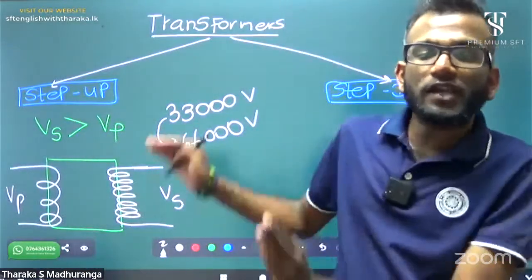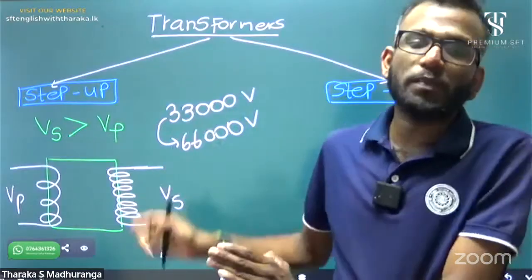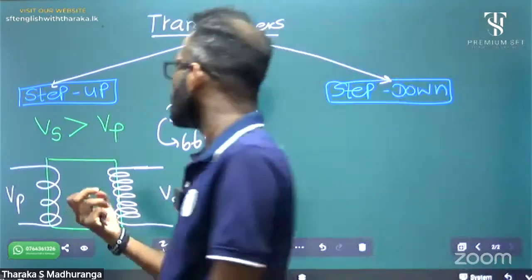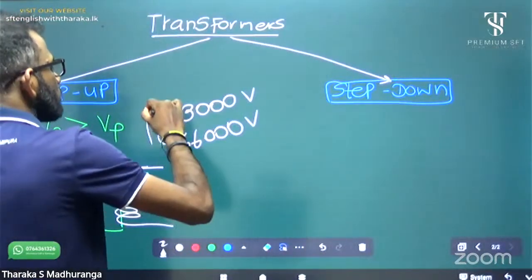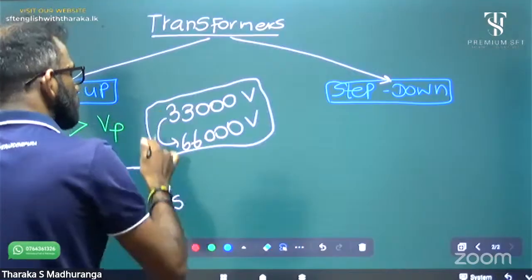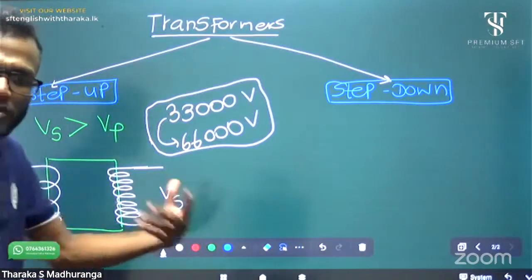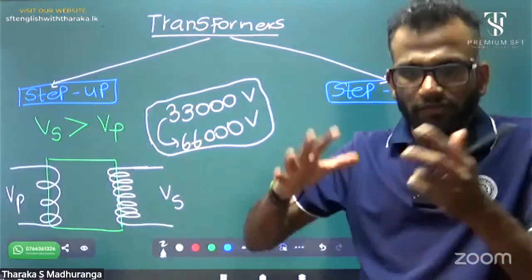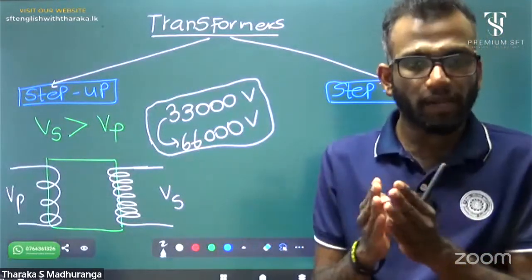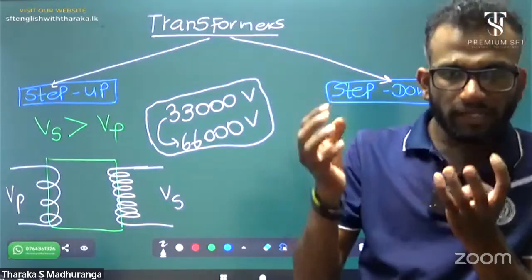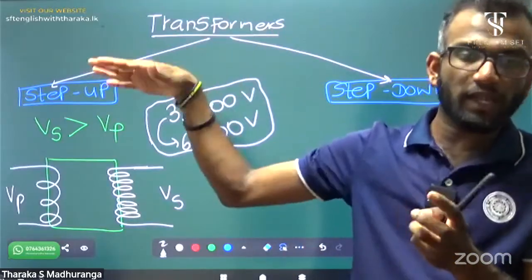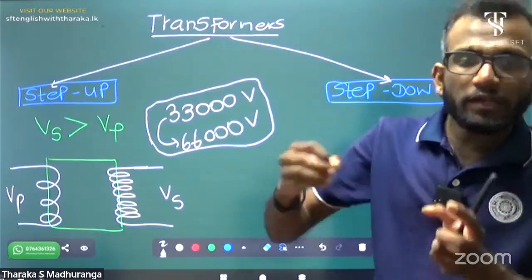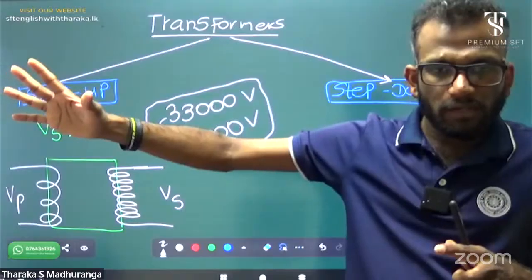Why do we increase the transmission voltage? To reduce power loss, or electricity energy loss. To reduce energy loss, we use higher voltage by step up transformers. Whatever electricity energy is produced in the power plant, we convert into higher voltage like 33,000 or 66,000, then transmit through transmission systems.